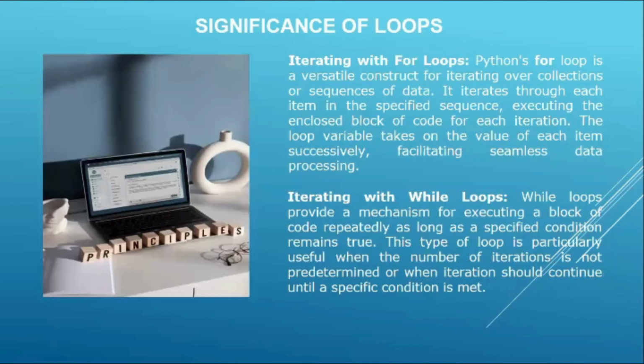The next significant topic is iterating with the for loop. Python's for loop is a versatile construct for iterating over collections or sequences of data. The data may be a collection of fruits, a collection of animals, a collection of grocery products, or a sequence of data, such as printing numbers or anything else.